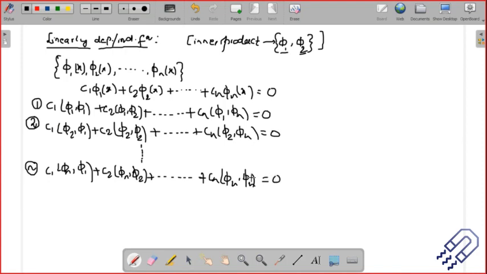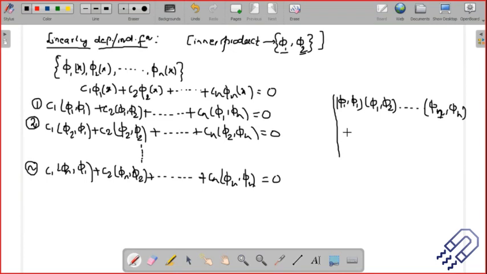So it can take the form of a square matrix, and finally what we can have is something like this. We can have a matrix form: phi1 phi1, and then phi1 phi2, up to phi1 phi n.